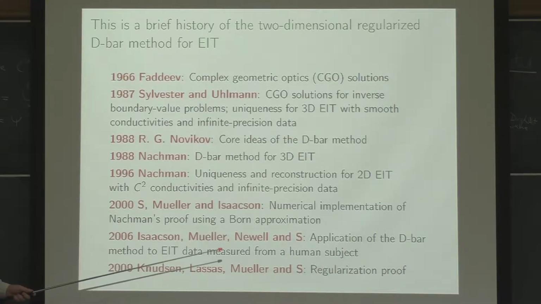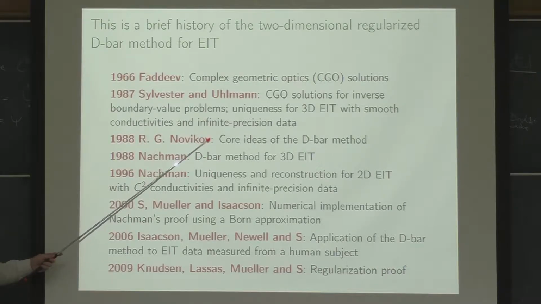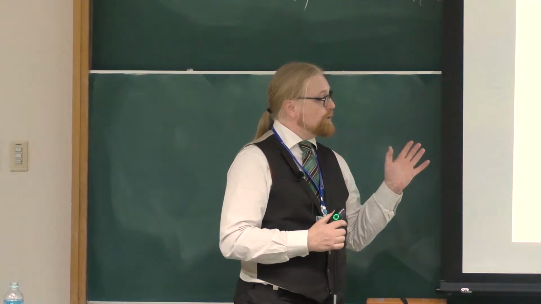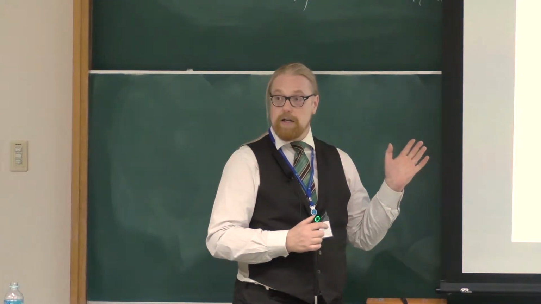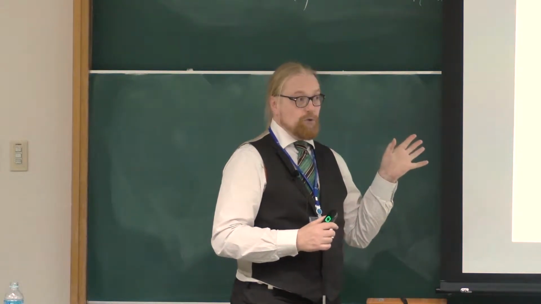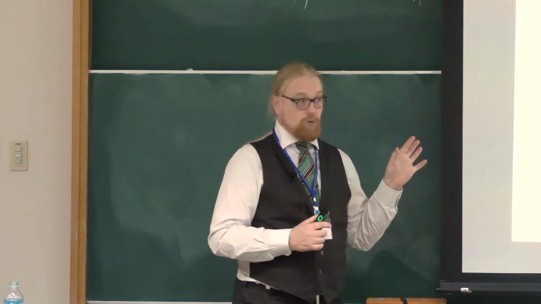Then, regarding the D-bar method, these two papers in 1988 contained the steps of the D-bar method and described them, but they could only work in dimension 3 and higher for technical reasons. Then this is a big breakthrough paper by Adrian Nachman, where he could do this reconstruction in the 2D case, and this is based on a proof of existence and uniqueness of the complex geometric optics solutions.